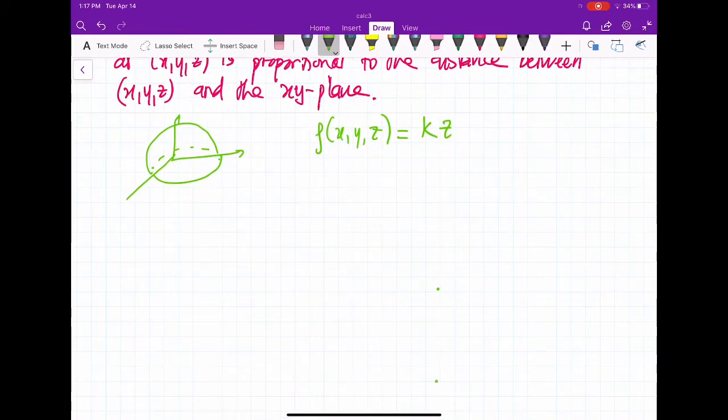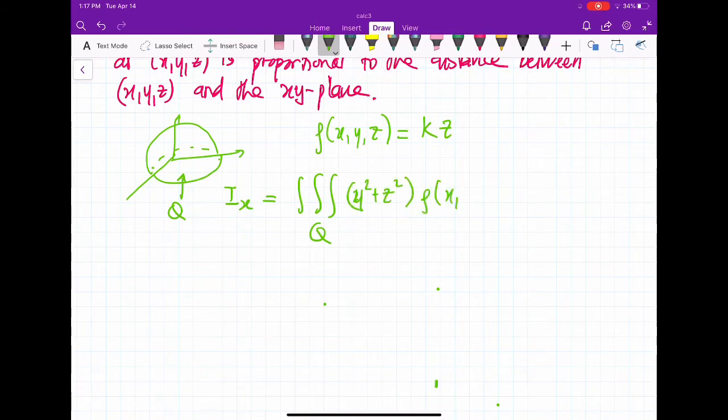Let's write it out. The moment of inertia with respect to the x-axis is equal to the triple integral over Q, where Q is this solid region, of y squared plus z squared times rho of x, y, z dV.